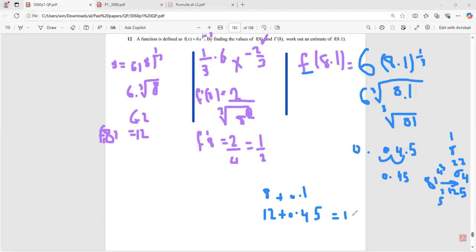So it equals 12.05. Okay, so you can here find an answer 12.05. And we did it.